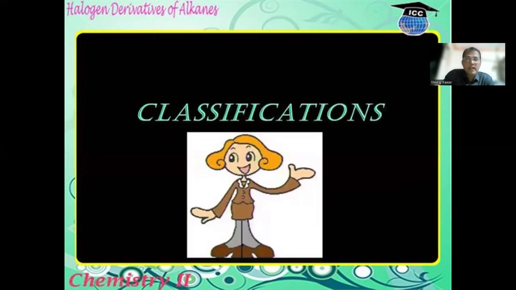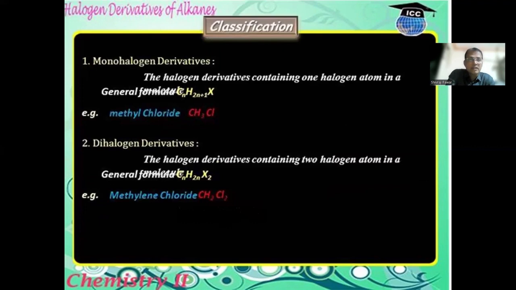Now, we are going to classify the halogen derivative of alkane on the basis of number of halogen atoms. See this monohalogen derivative. The mono means only one. So halogen derivative containing one halogen atom in a compound is called as monohalogen derivative.